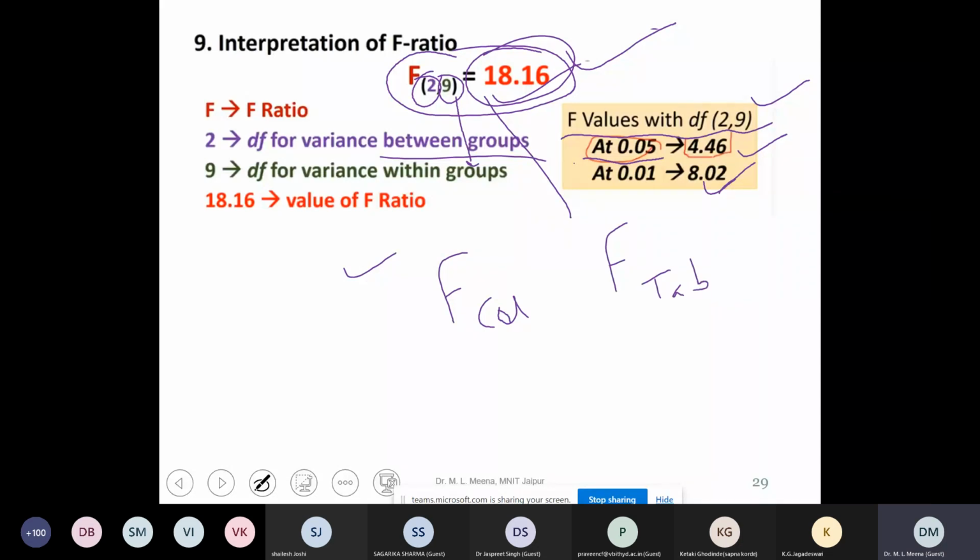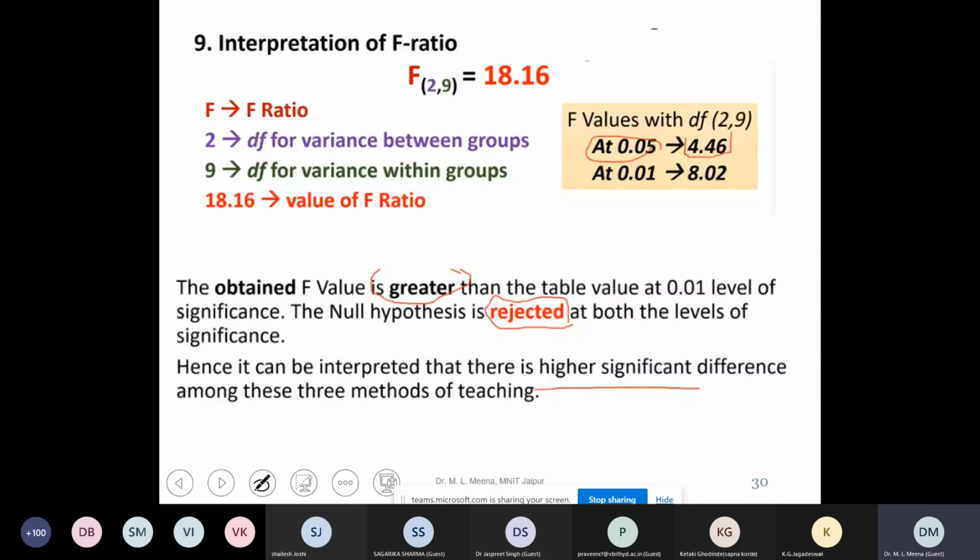If the calculated value is greater than the tabulated value, so now if the obtained F value is greater than the table value at 8.01 level of significance, the null hypothesis is rejected at both the levels of significance.